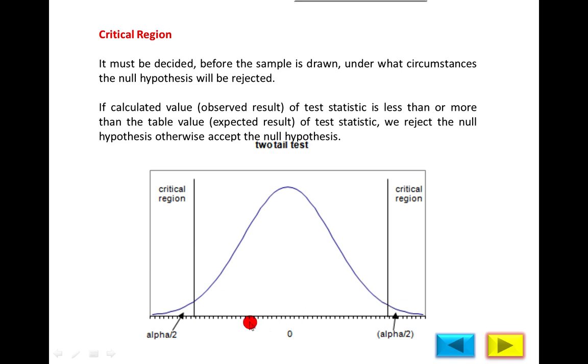If you have only the left-hand side or right-hand side, it is called a one-tail test. The critical region is also called the rejected region. If the calculated value lies in the acceptance region, we accept the null hypothesis. If it lies in the rejected region, we reject the null hypothesis. Okay.